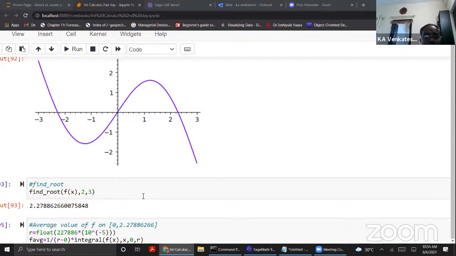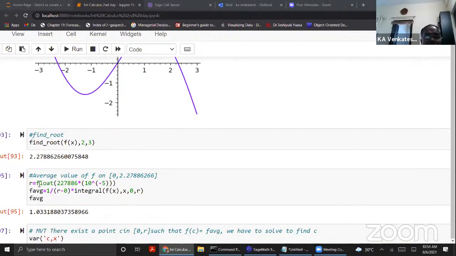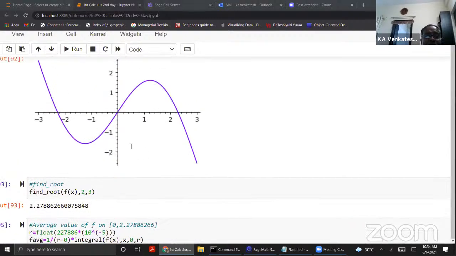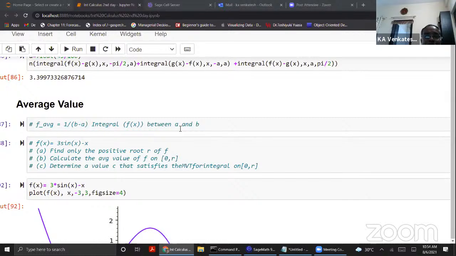Now what you have to do is compute the average value. In order to compute this, you have to express it as a float. Therefore, I wrote this one; it is all algebraic manipulation only. What is the average value formula? If you go up, you can see it is 1 by b minus a times the integral of f of x between a and b. Now b minus a is r minus 0, and r is found.